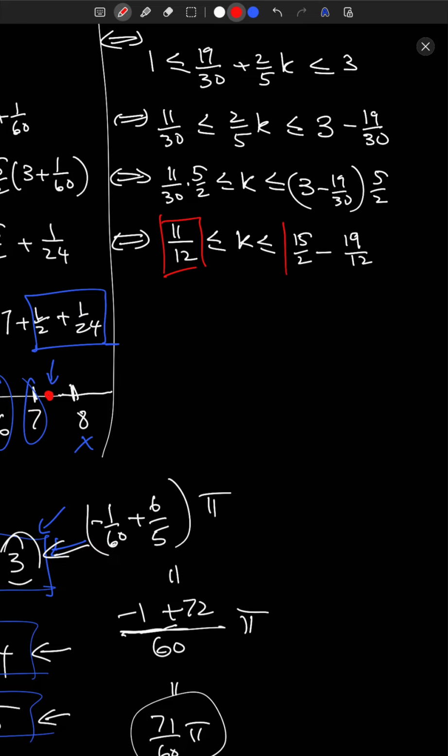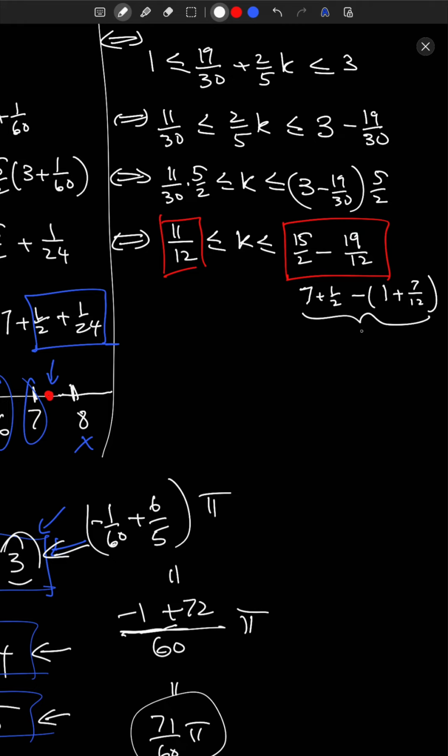This right-hand side is a little messy, so I'm going to rethink it. 15 over 2 is, like we said, 7 plus a half, all right? This minus 19 over 12, and 19 over 12 has a whole number in there. So this is actually minus 1 plus 7 over 12, right? Because 12 plus 7 is 19.